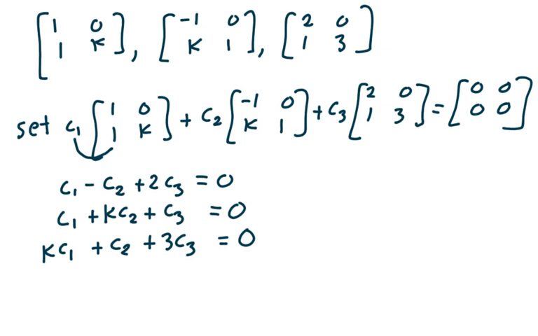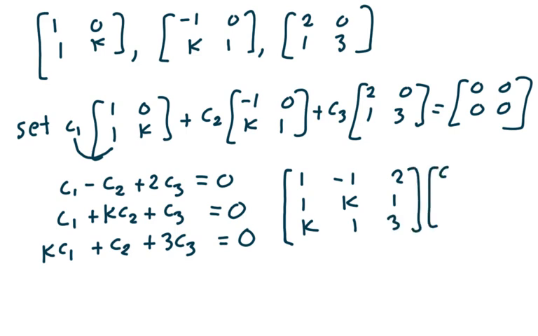This is a great question, because remember we get an associated matrix equation from this. So we could write this as the matrix [1, -1, 2; 1, k, 1; k, 1, 3] times the column vector C1, C2, C3, and this is equal to the column vector 0, 0, 0.